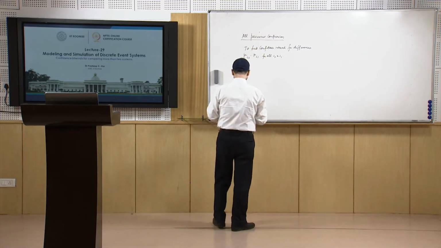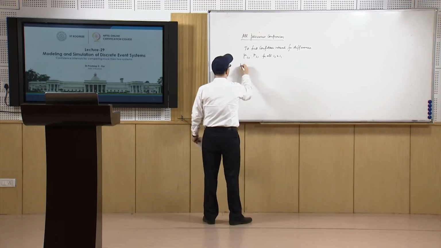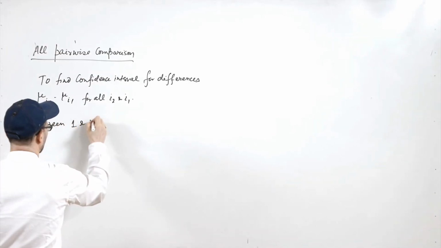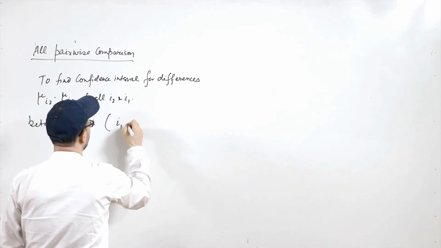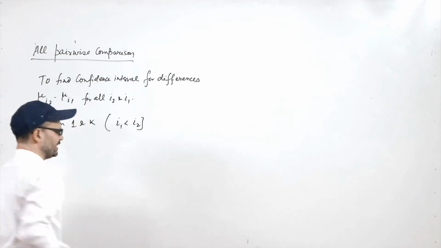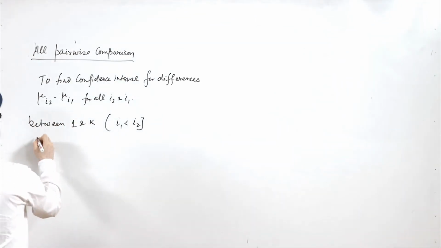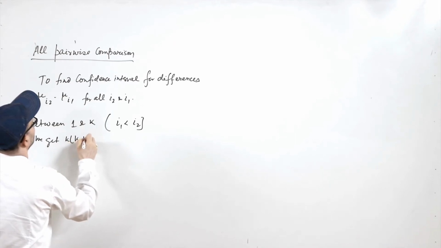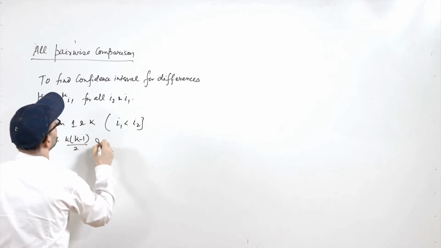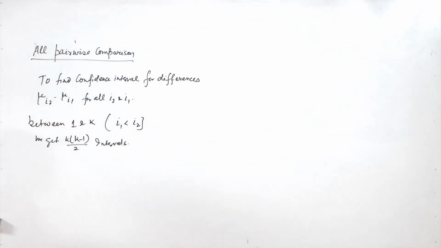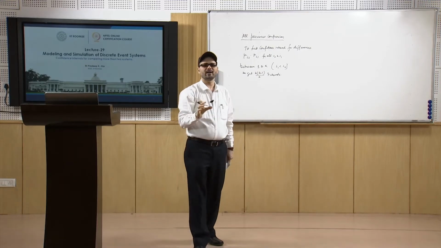So, between 1 and k, when we take I1 as less than I2, we get k into k minus 1 by 2 intervals.